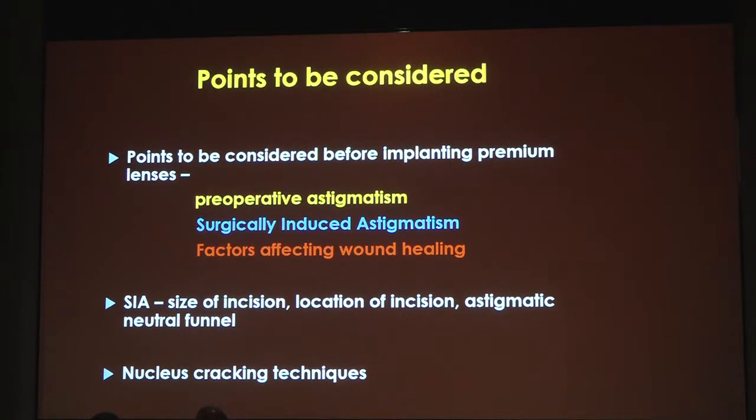Then comes the most important, removal of the nucleus from that small incision, whether like Professor Kamaljeet has shown, a 4 mm incision. A grade 4, 5, 6 cataract you cannot remove, and not everybody can remove it through that. So if a patient with that grade asks for a premium IOL, you should tell him the realistic outcome and should not tell him something which is not going to be achieved.